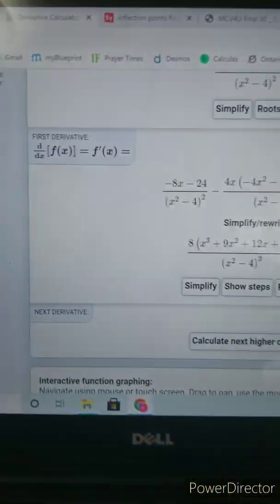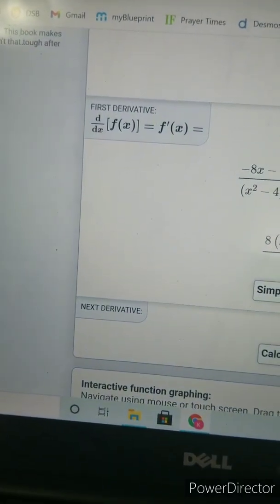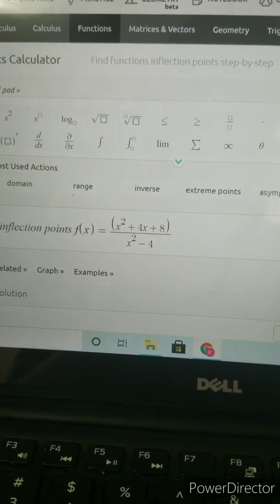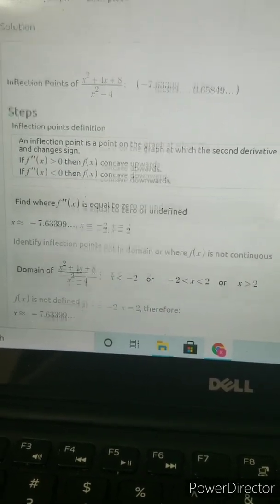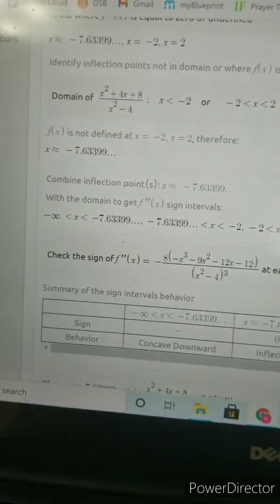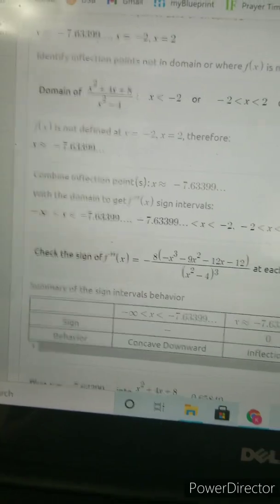So, and then to prove my POI, we're going to go to Symbolab, and we're going to see right here my function, and we're just going to quickly scroll down and see that right here, it found that it was -7.63, which is what I got.